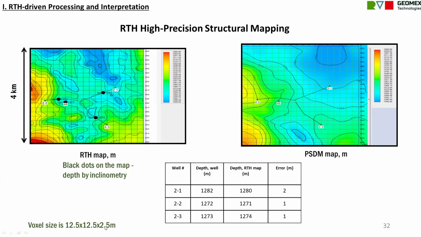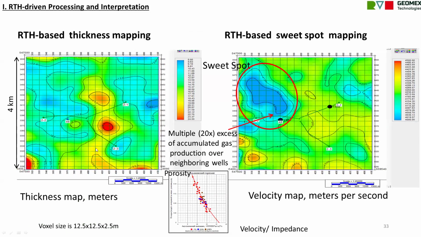Voxel size is 2 meters per depth. This is using our RTH attribute for thickness mapping. Red color is about 24 meters thickness, blue about 80 meters.